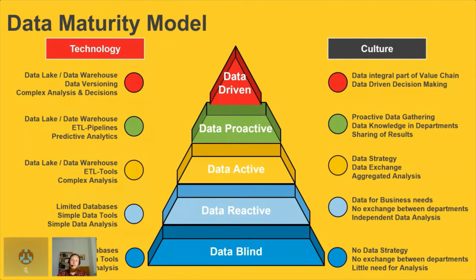This level is also described by having data knowledge in the department itself. So you don't only have a central data science team, as is probably the most common thing, but you also have some kind of understanding of data inside distinct teams spread all over the company, which I think is a very, very important part of bringing data knowledge to all employees.